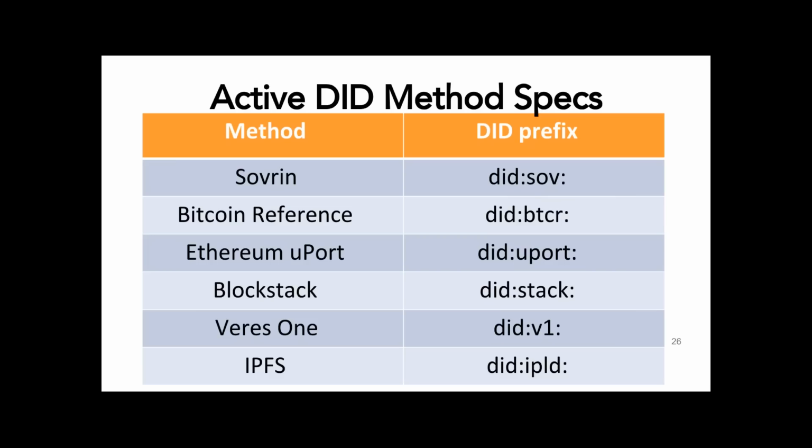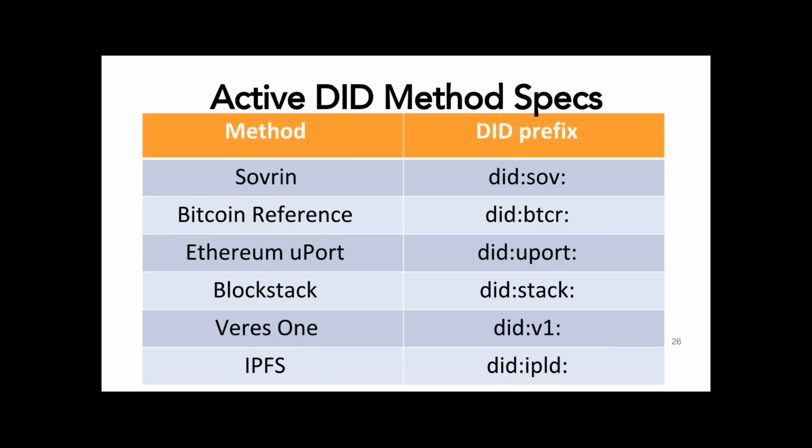Additional ones are already being registered with the W3C Credentials Community Group. So if you're working on a DID method and it's not listed here, just let us know or ping me, and we'll be updating this list, the authoritative registry for these different methods. There is no centralized place, but the W3C Credentials Community Group is keeping track as different open source projects or organizations say, yes, we're developing a DID method.